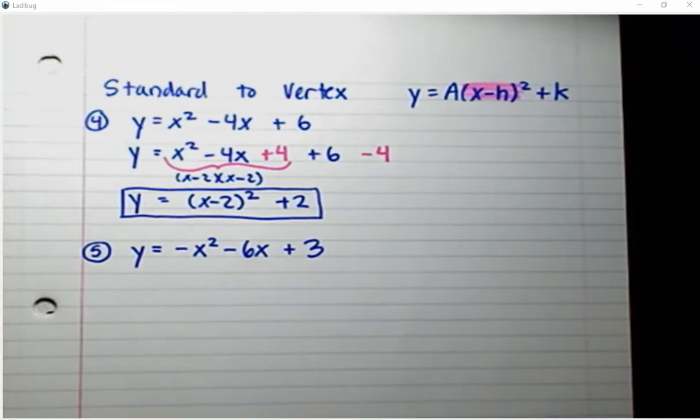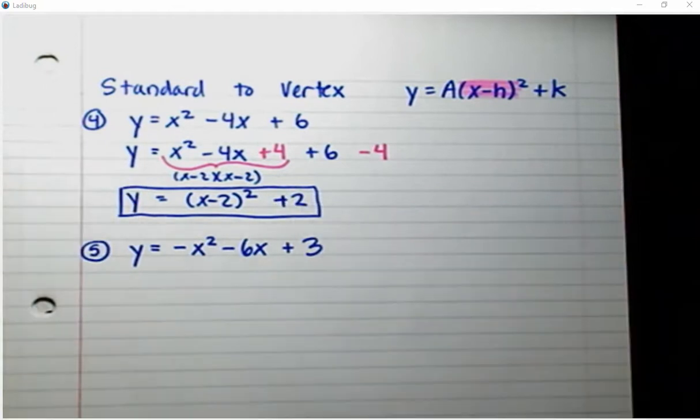Okay, focus on equivalency. You have the knowledge and the skills to complete the square. Okay, you know how to complete the square. You know how to factor. Now your job is to just pay attention really closely to each line.